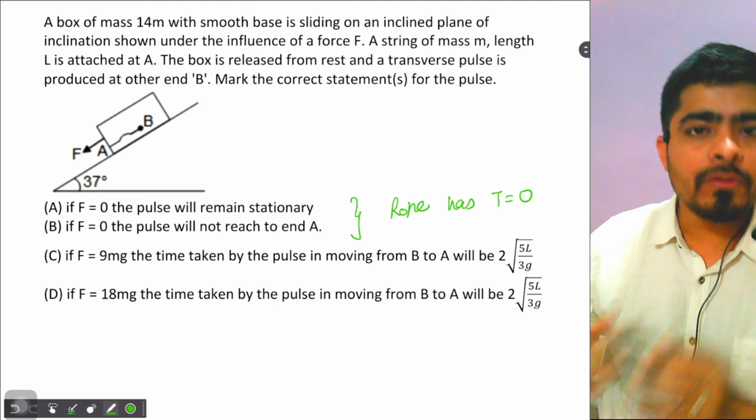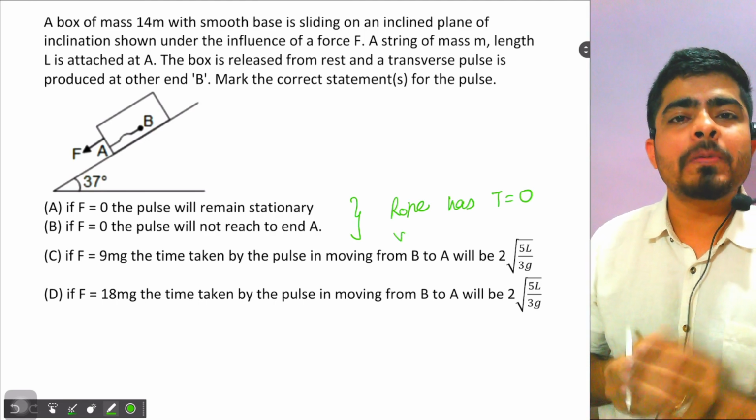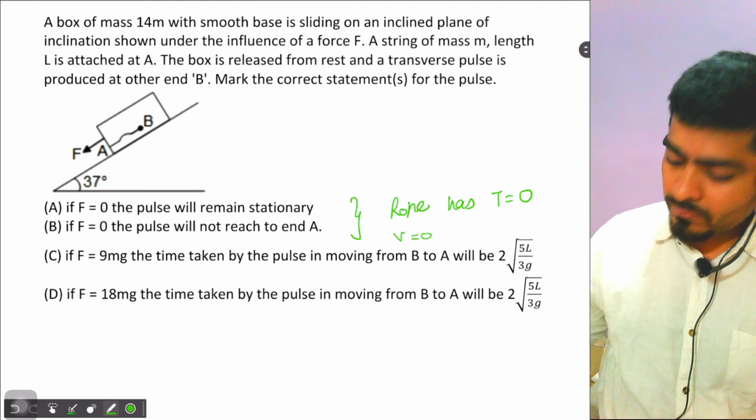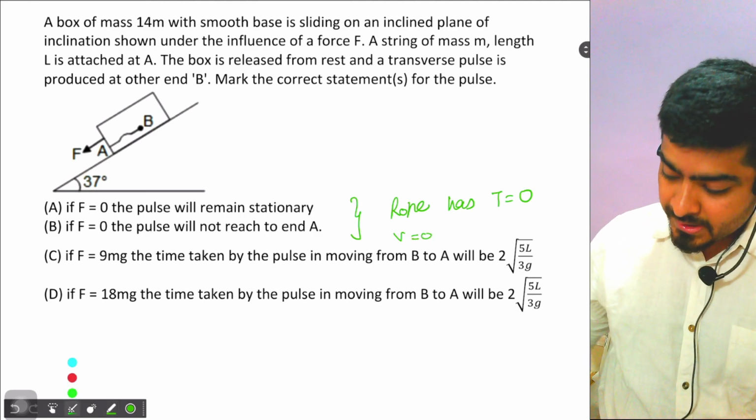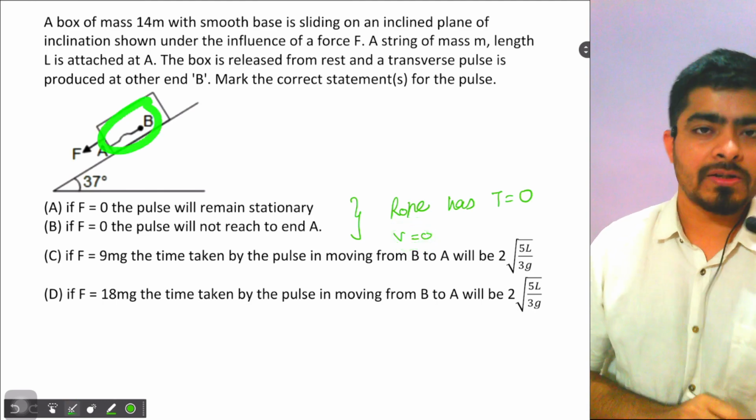And therefore the speed of the wave pulse on the rope will be 0. But the speed is 0 with respect to the rope, with respect to the box.